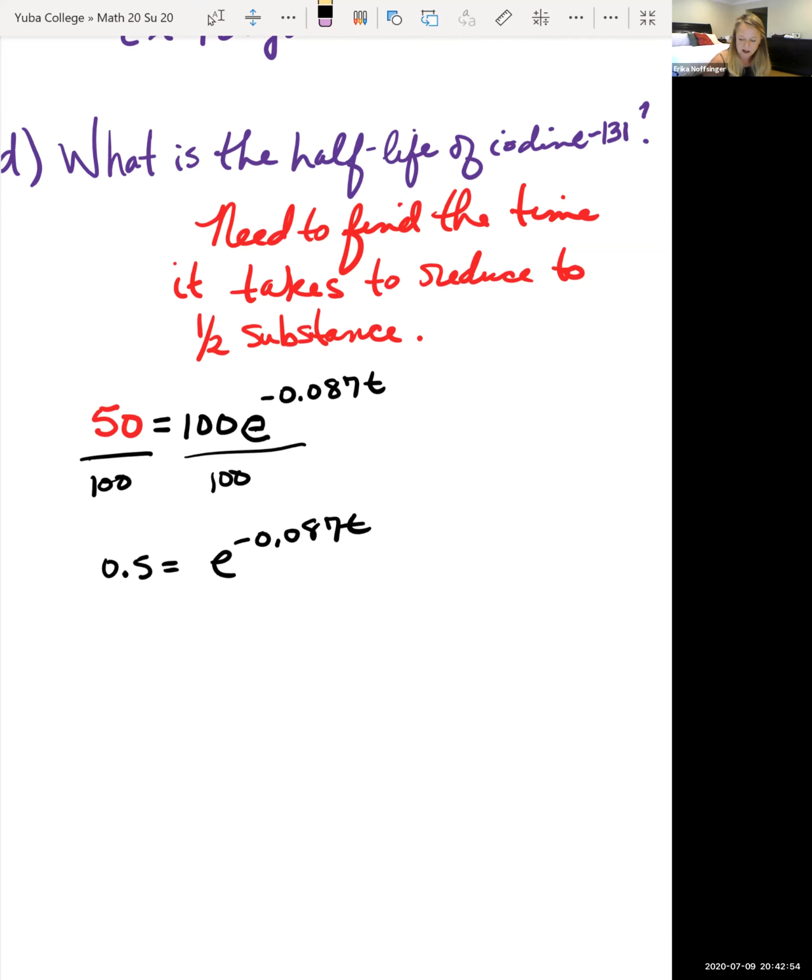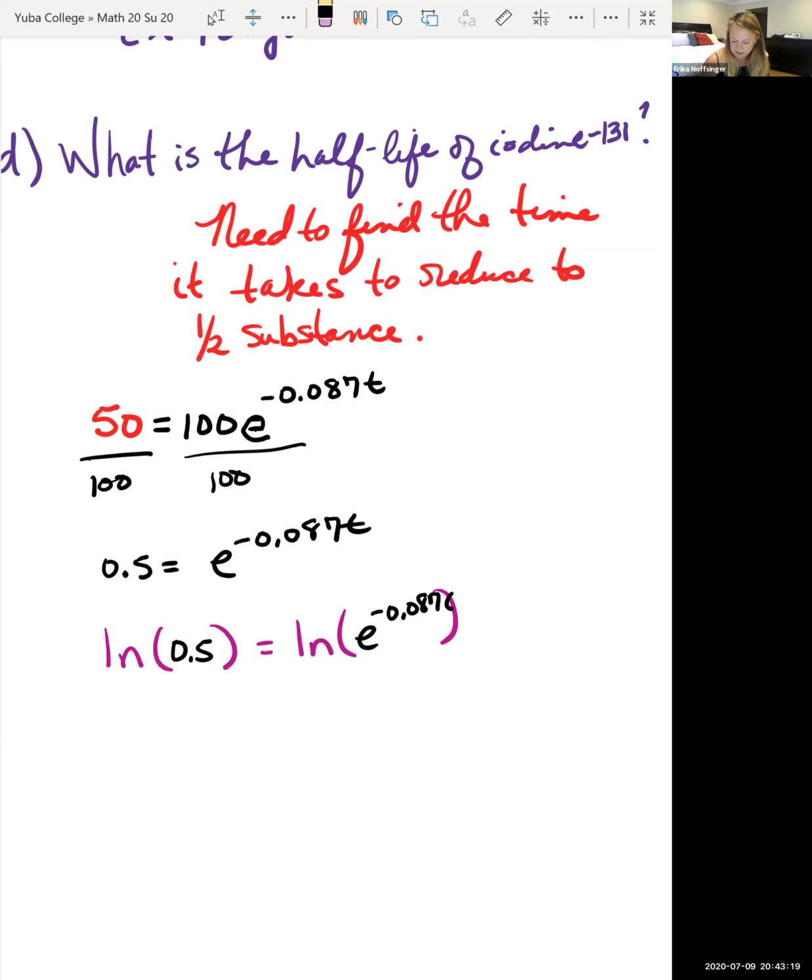We're trying to solve for our variable that's in the exponent. So if we take the natural log of both sides of our equation, we can get that down. And even better, natural log of e to a power is just the exponent.